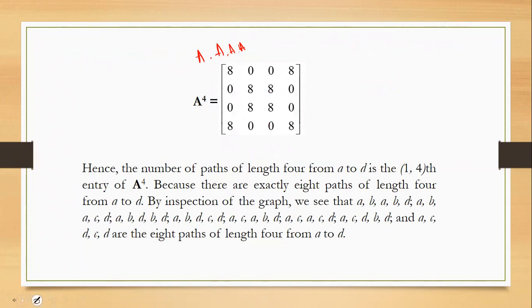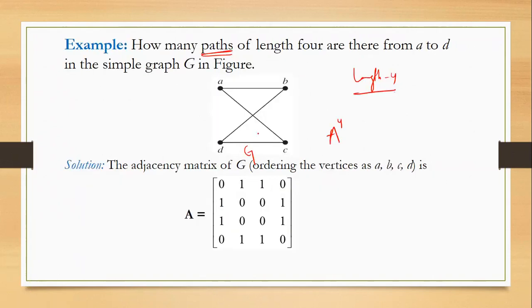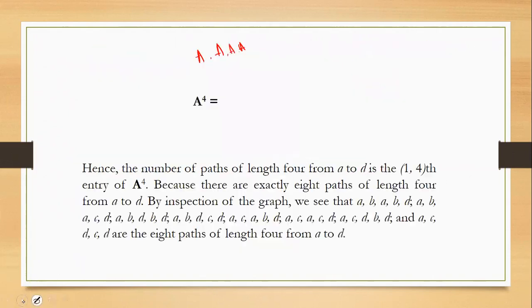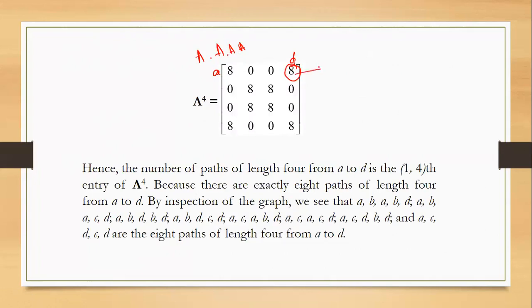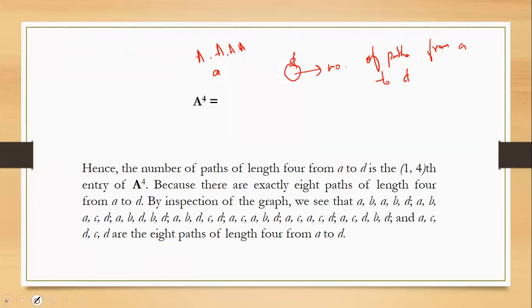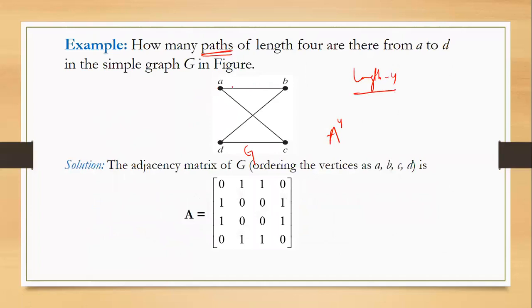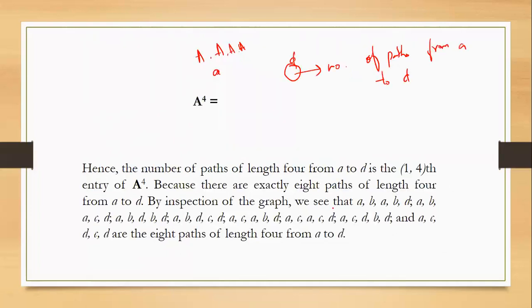Now in this matrix, we wanted to know how many paths there are from A to D. So in the given matrix, whatever the number is in the entry from A to D, that will be the number of paths from A to D. So that means there are totally 8 different paths from A to D. And by inspection of the graph, we can find those 8 paths, which are given here.